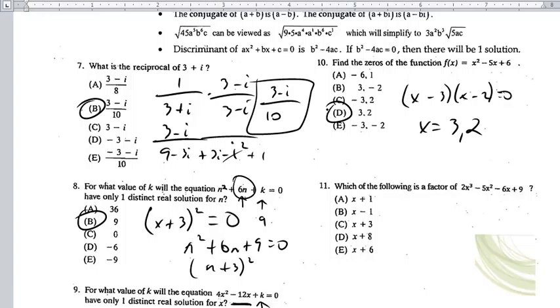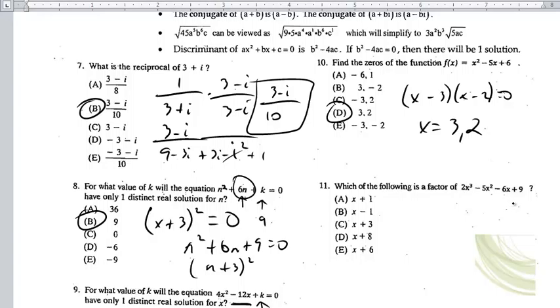That's an easy one. Okay, which of the following is a factor of 2x cubed minus 5x squared minus 6x plus 9? I'm going to tell you there are two ways to do this problem. You can use polysmult, which is on your calculator, or you can do synthetic division. I am not going to cover synthetic division here because that is truly an Algebra 2 topic. Basically, you're looking for numbers that divide into the 2, negative 5, negative 6, and 9.